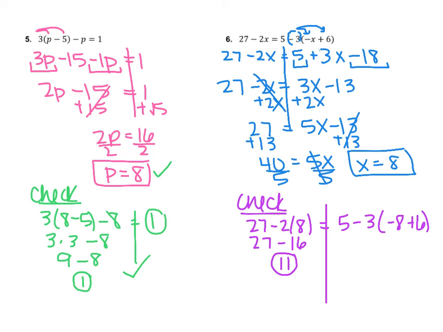So now I just want to prove that the other side is 11 also. So it's 5 minus 3 times, well, negative 8 plus 6 is negative 2. Negative 3 times negative 2 is really positive 6, and 5 plus 6 is 11. So the sides are the same, which means my answer is correct.